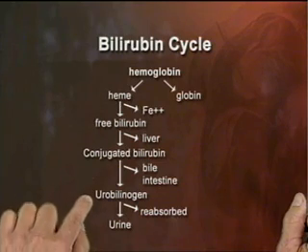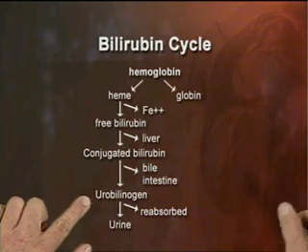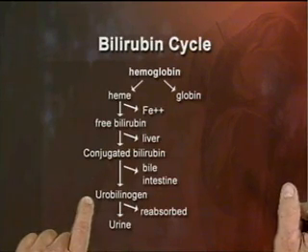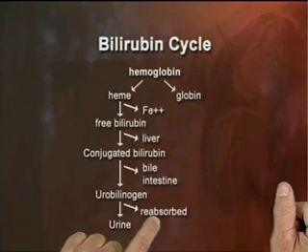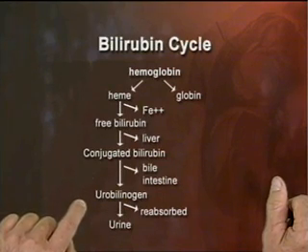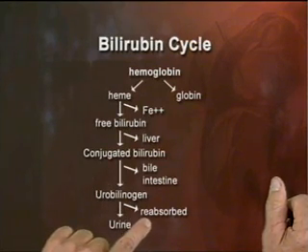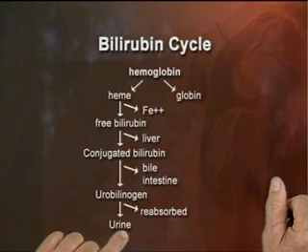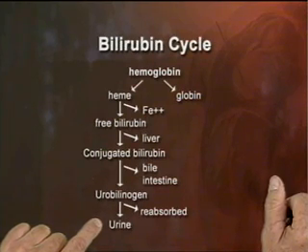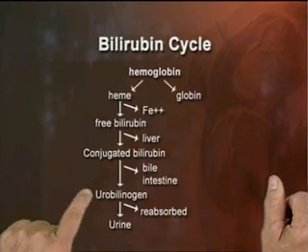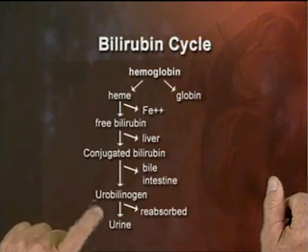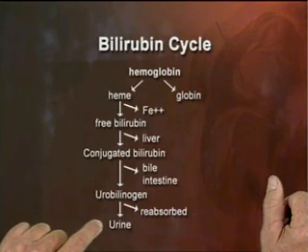And that is the pigment that makes feces a normal yellowish brown color. Some of that urobilinogen, however, can be reabsorbed into the bloodstream from the lumen of the small intestine. It's bacteria that actually form this material from the conjugated bilirubin. When this is reabsorbed, then it is filtered by the kidney and enters the urine that's formed and gives the urine its yellow color. So this yellow color right here, urobilinogen, is responsible for the yellowish color in urine.